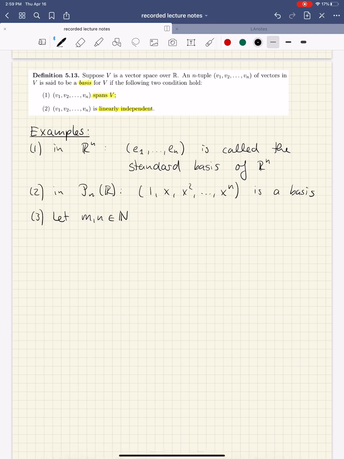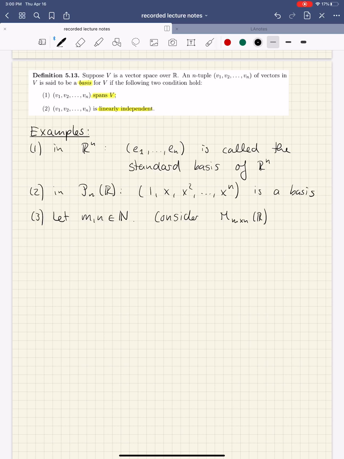matrices. So consider the set of m times n matrices. And so now I'm going to write something that looks a little complicated, but what you should really think of is we're going to name all the matrices that have exactly one 1 somewhere. So one of the entries is a 1, and all the others are 0.